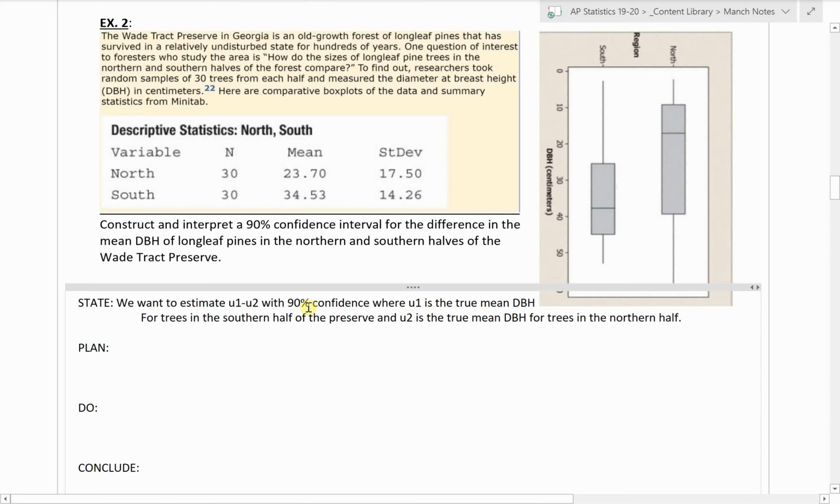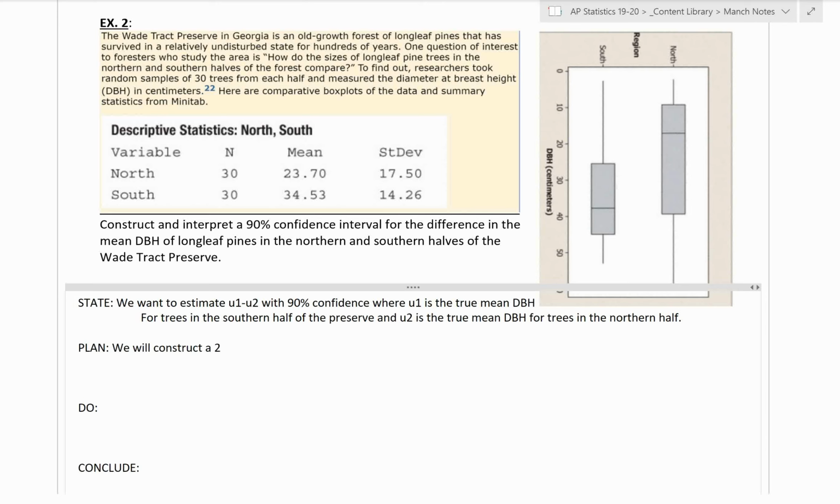How will we estimate that? Well, we're going to construct a confidence interval. We already indicated the confidence level, so what is the type of interval we're going to construct? Now we have two samples, and we talked about in the previous videos that to run inference for means, we need to use t as our test statistic.